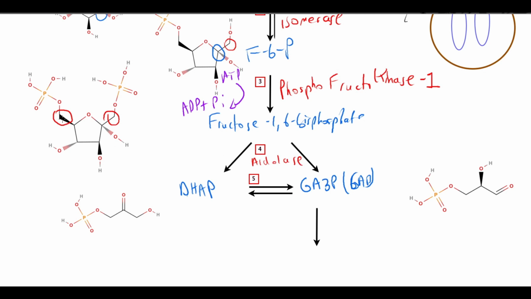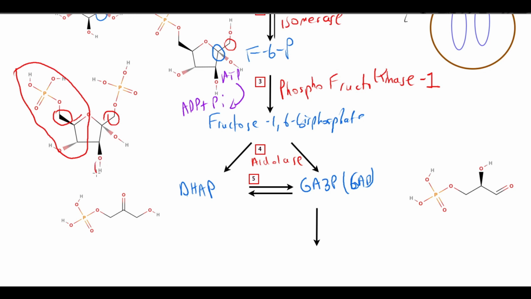So basically we get some form of this, and here you have a double bond, and this is the cyclic structure of fructose 1,6-bisphosphate. But if you look at it linearly, this would be a ketone here, and here would be an aldehyde right here.